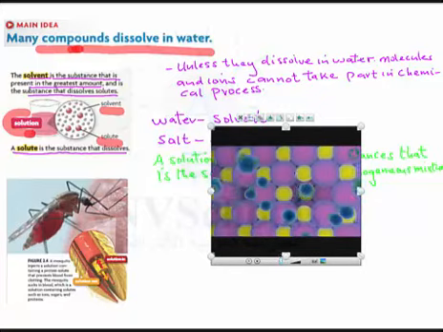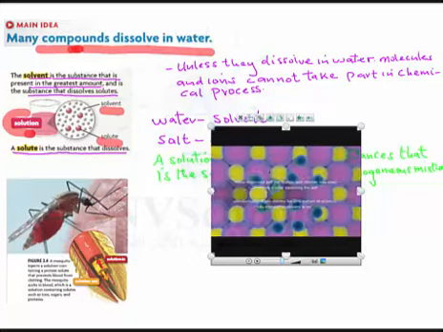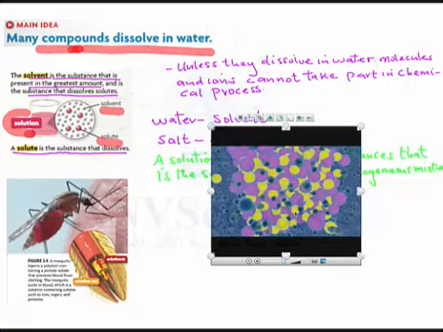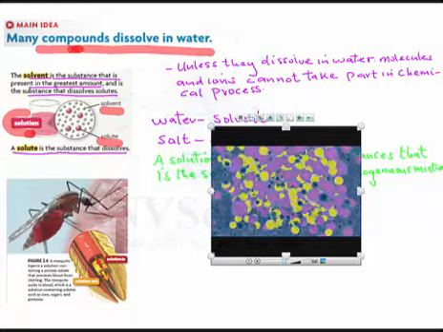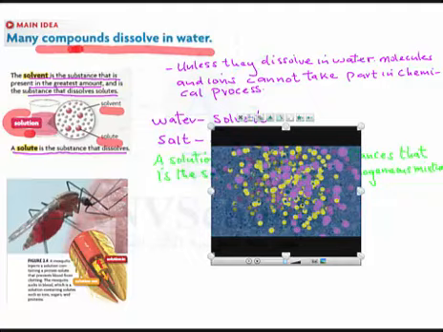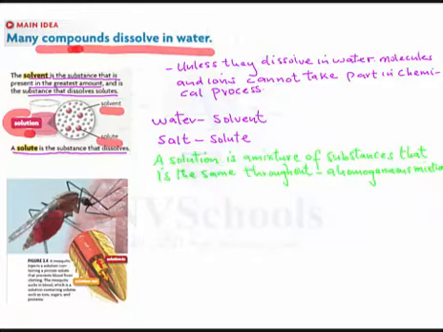When all the particles of sodium chloride are broken down and mixed together with the water molecules, in that state we say that it is homogeneous, and that is what we refer to as a solution.